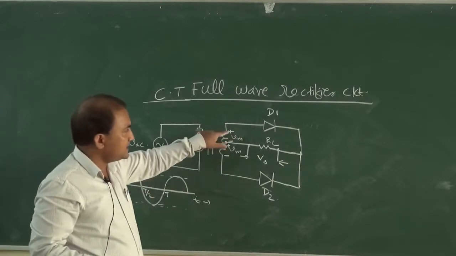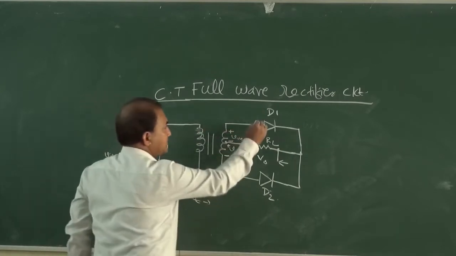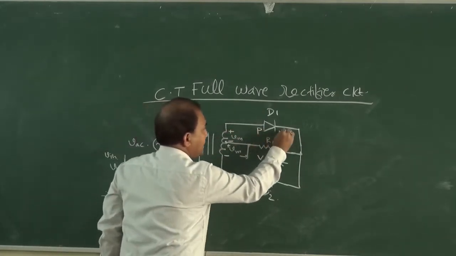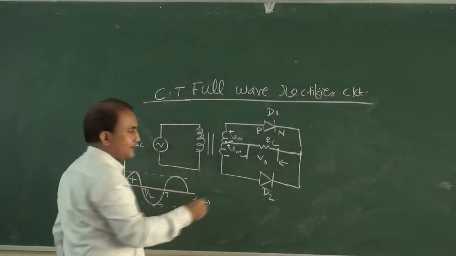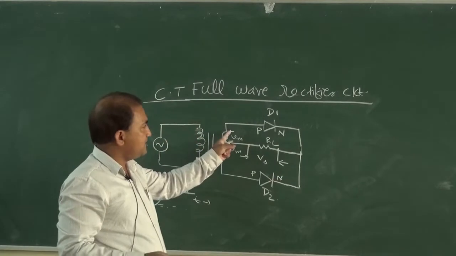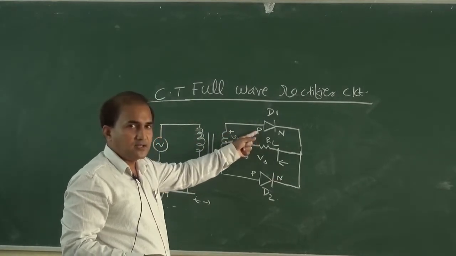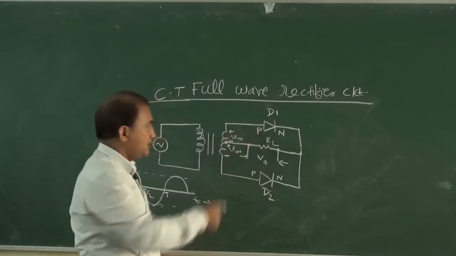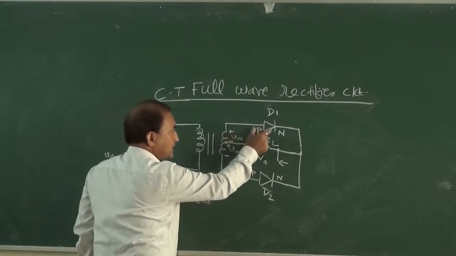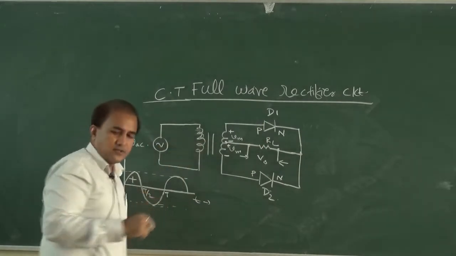Now this is positive, and this is the P side and this is the N side of the PN junction diode. Positive is connected to the P terminal, so it is in forward bias condition.